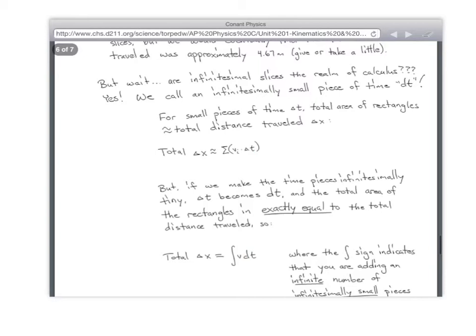Does that make sense? And this is a very important word that you need to know. The word is called a differential. A differential is an extremely small delta. We say it's infinitesimally small. So differential t versus delta t. The v's are the same.